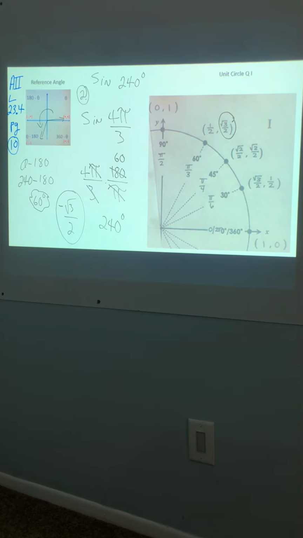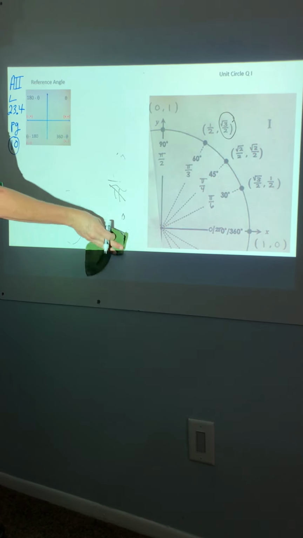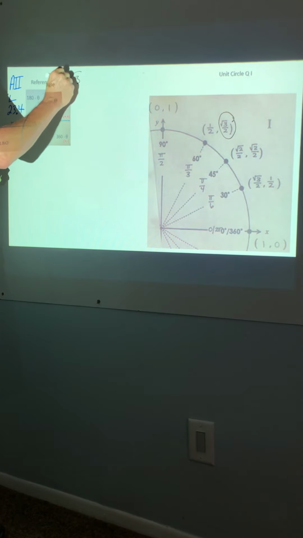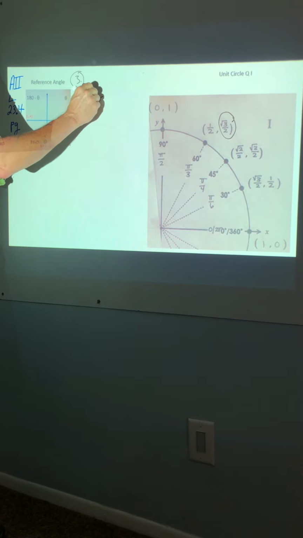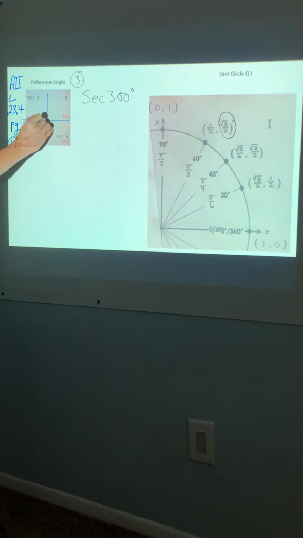Let's do one more. Last one, let's do secant of 300. I like this a lot. I'll call this number 3. Secant of 300 degrees. It's time to spin right round, baby. I want to spin to 300.